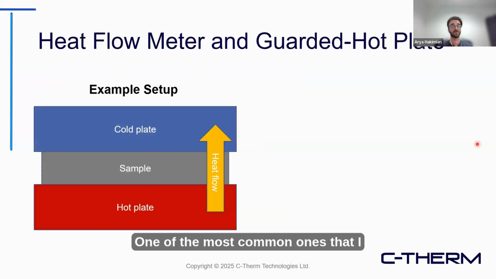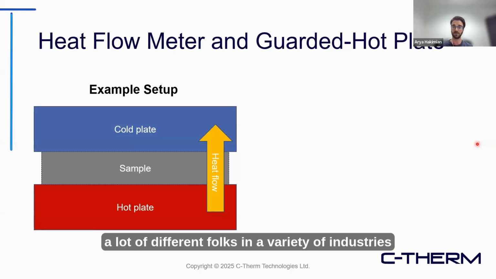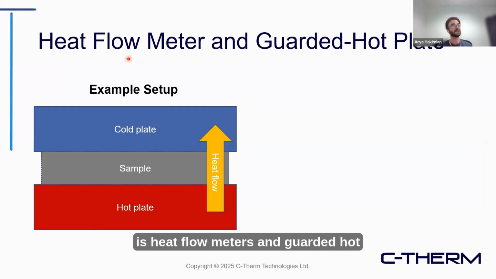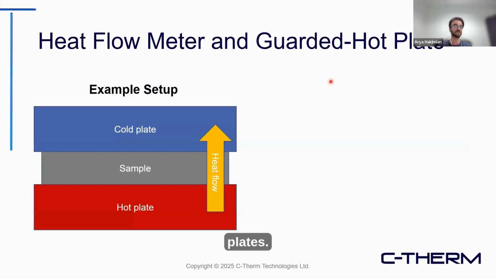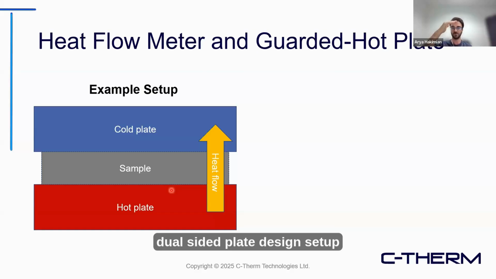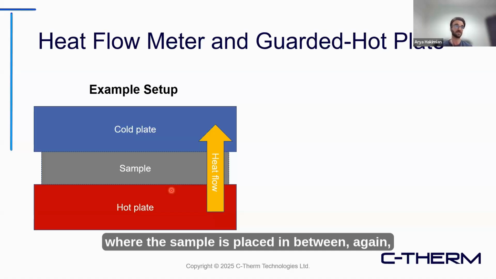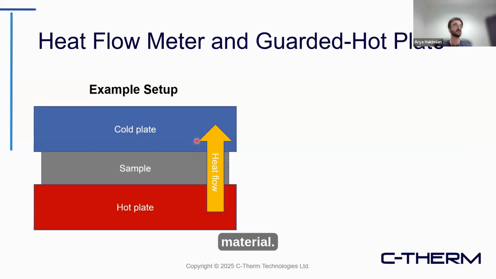One of the most common ones that I generally encounter in talking with a lot of different folks in a variety of industries is heat flow meters and guarded hot plates. These are your classic dual-sided plate design setup where the sample is placed in between, measuring the heat flow through the material.